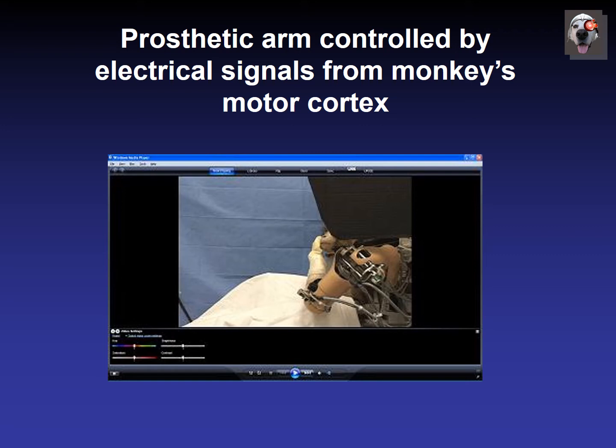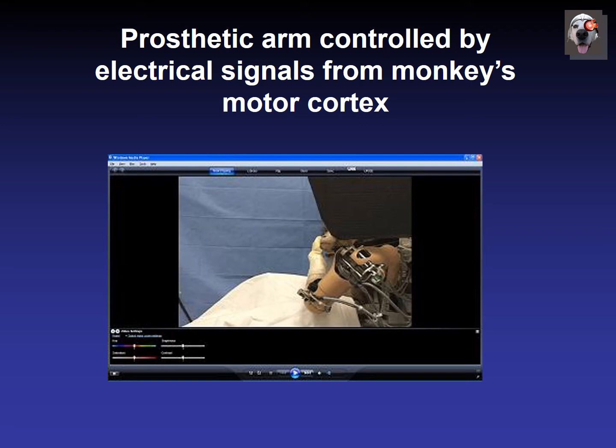So after about 14 hours worth of training with this arm, the monkey is able to completely feed himself simply by thinking about feeding himself. He simply thinks, grab the marshmallow and bring it to my mouth, and that's what the robotic arm does. It's really quite amazing. And in fact, this video that I have on Vista is by now a good 3 or 4 years old at least.